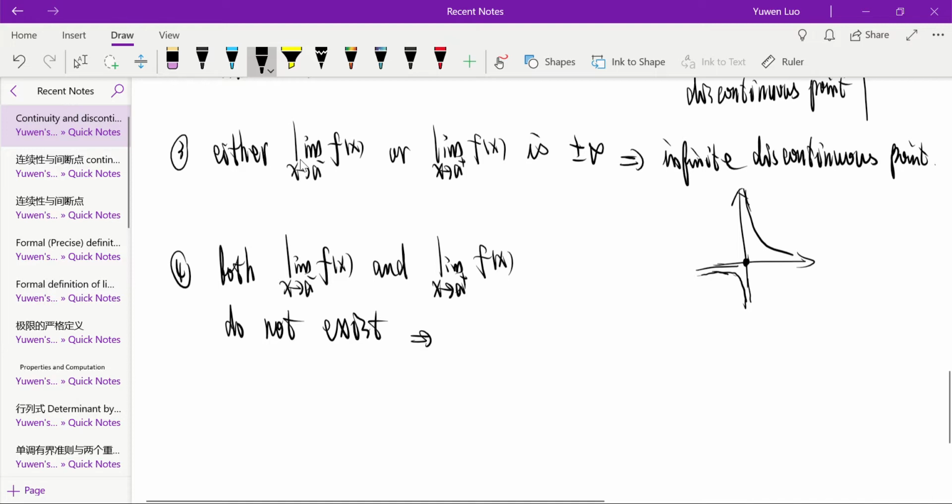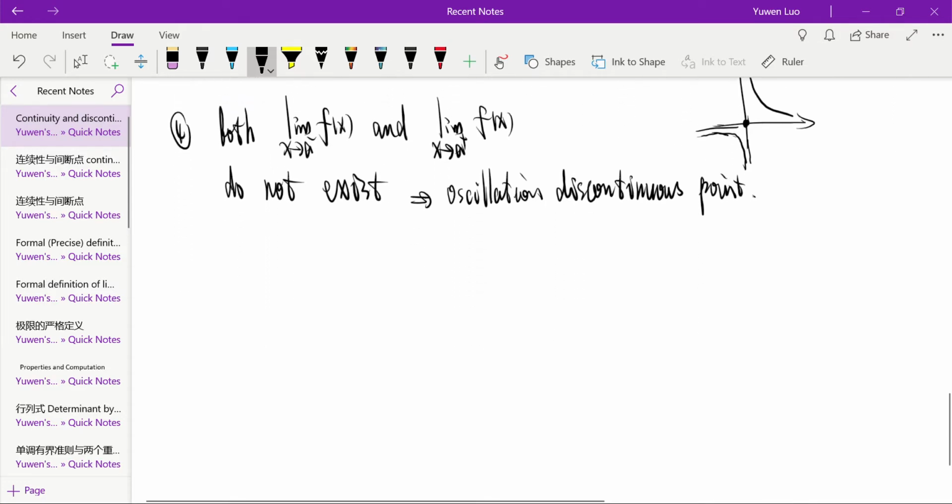It's called the oscillation discontinuous point. Because both from the left and from the right there is no limit, that means when x approaches a, the function is changing its value from time to time. So that's the oscillation discontinuous point.